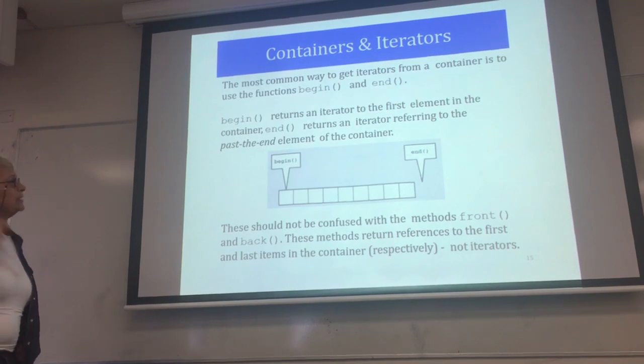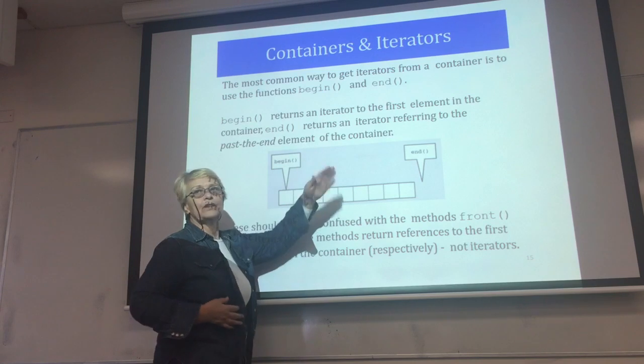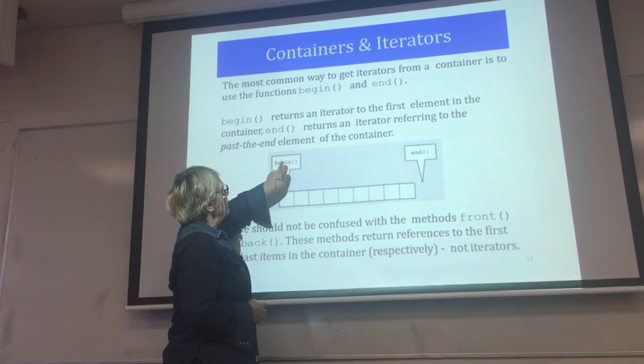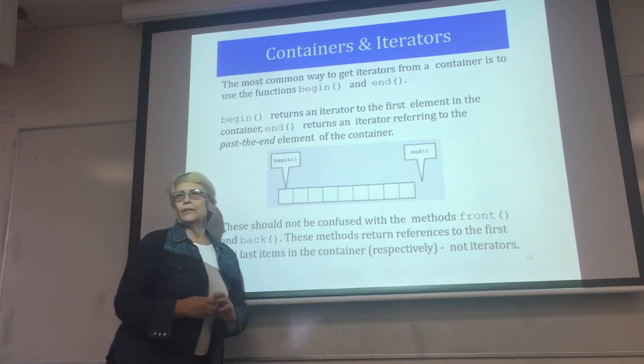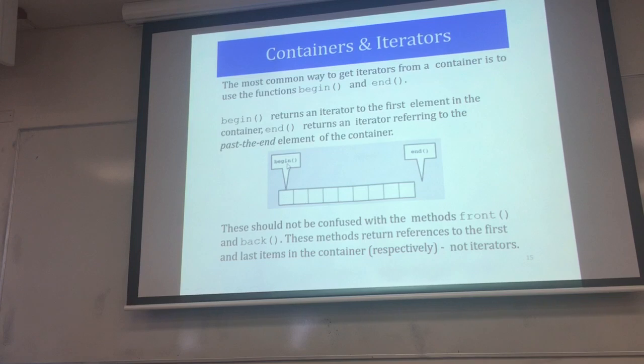Containers and iterators. Every type of container we have seen provides begin and end. Even the container adapters, better not use them, but they come with begin and end methods which return iterators, so they have to be dereferenced.